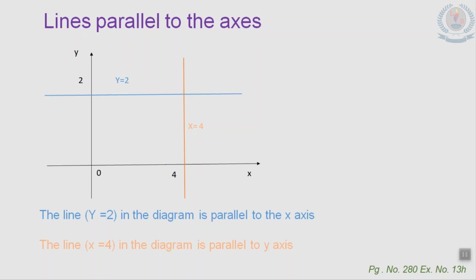The line y equals 2 in the diagram is parallel to the x-axis. The line x equals 4 in the diagram is parallel to the y-axis.